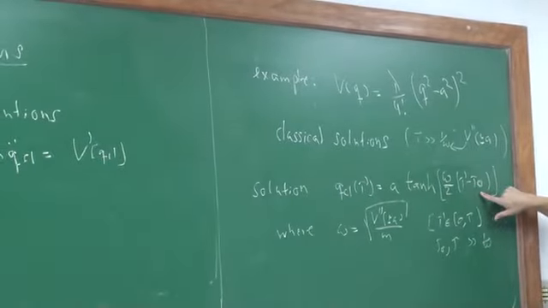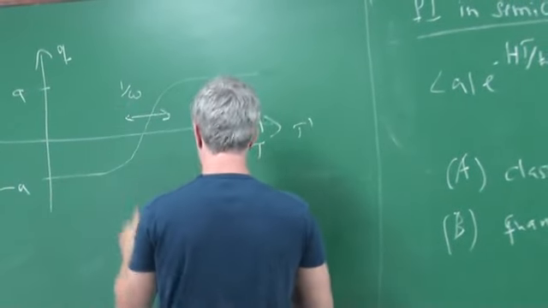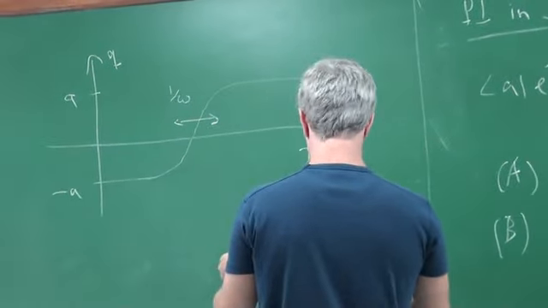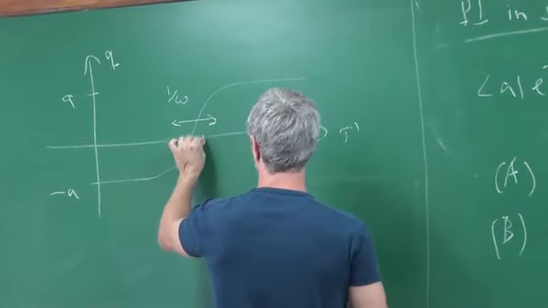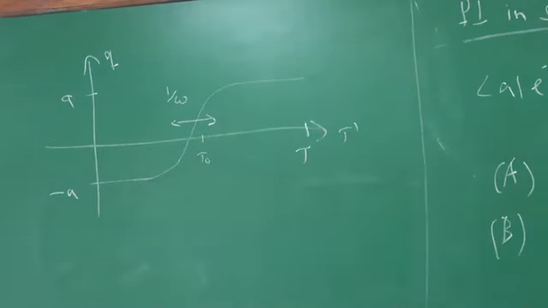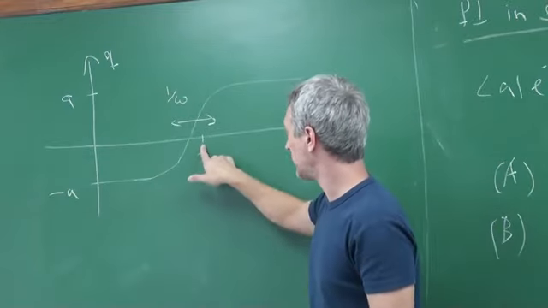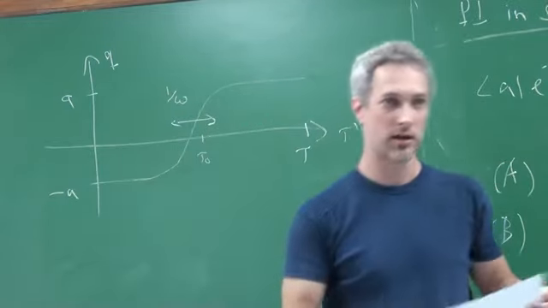The function is constant for very large negative and positive arguments, and once this becomes of the order of 1 over omega, it varies between the two values. So the width of this structure is given by this intrinsic scale 1 over omega, and tau 0 is the parameter that locates it. It's not fixed, it can be anywhere respecting these conditions. So we have a free variable in the problem, which is the time when you want to have the transition.